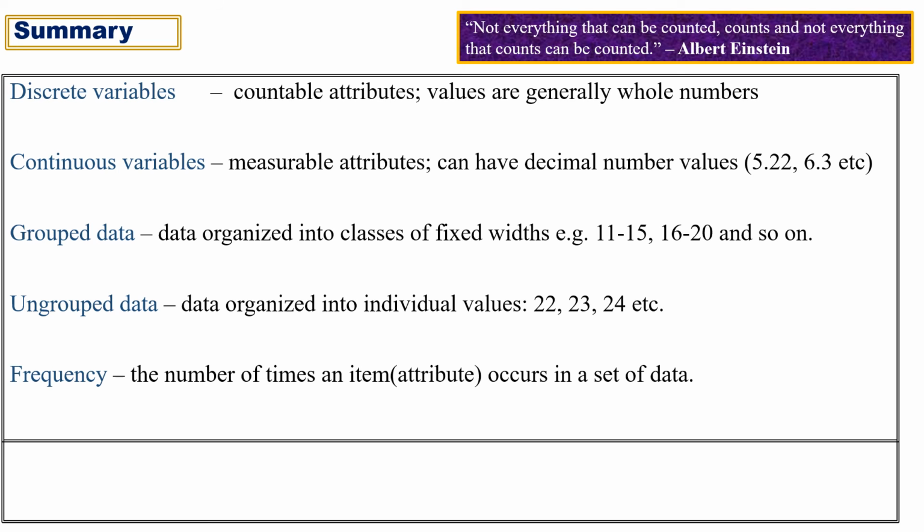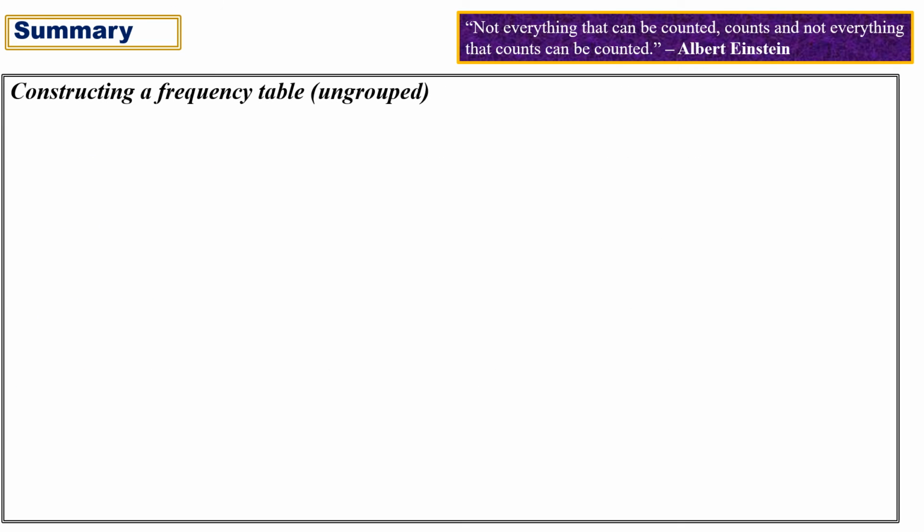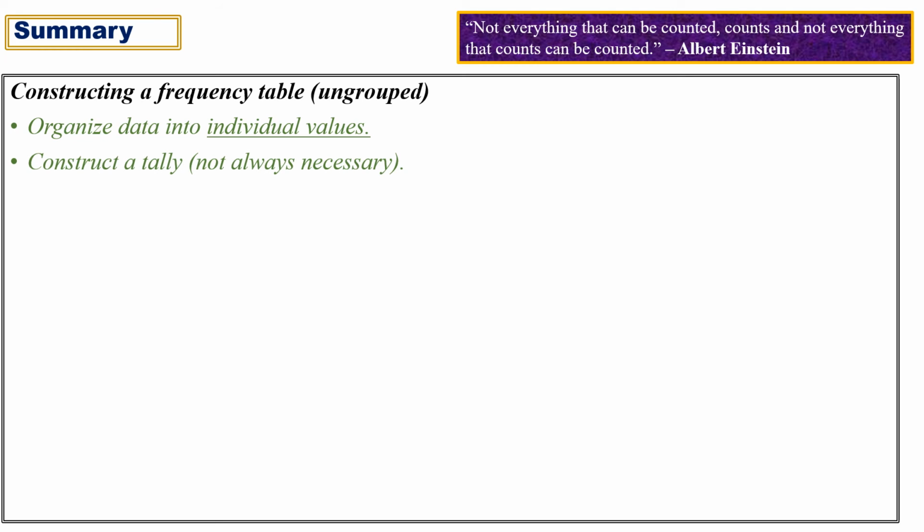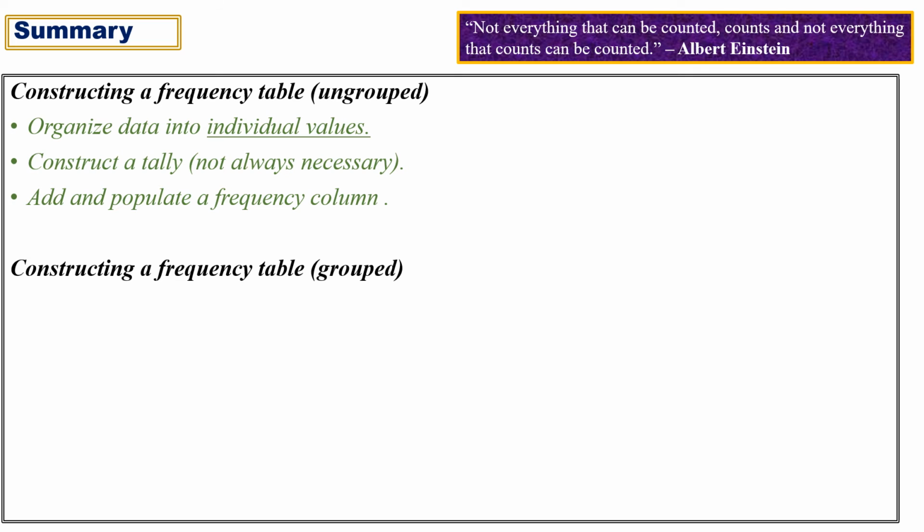Now, when it comes to actually constructing a frequency table for ungrouped data, first you want to organize the data into individual values, then construct a tally, although this is not always necessary, and third, you want to add and populate a frequency column. Constructing a frequency table for grouped data is very similar. However, the difference is in the first step.